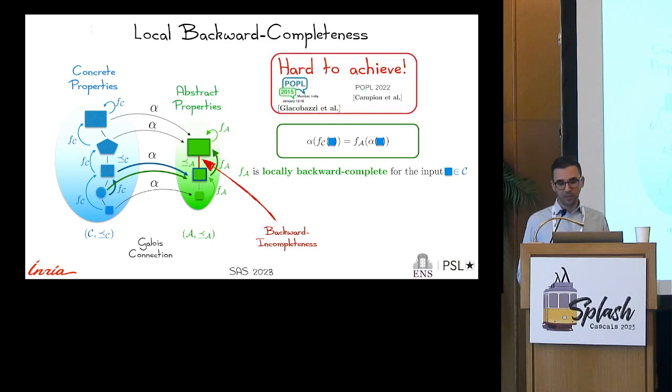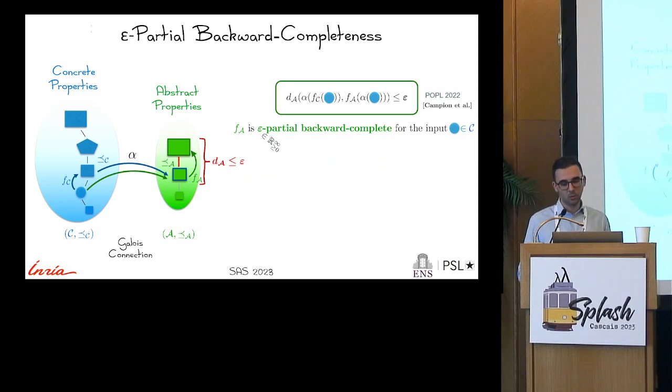It has been proved that this property, when used to verify program properties, is very hard to achieve or even impossible, also for the local version of backward completeness. So that's why in POPL 2022, the partial backward completeness was introduced, which is a weakening of the backward completeness property, namely of the local backward completeness property.